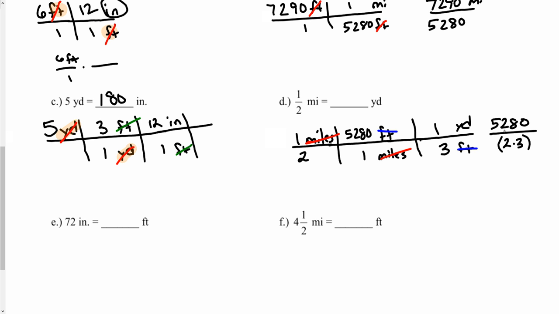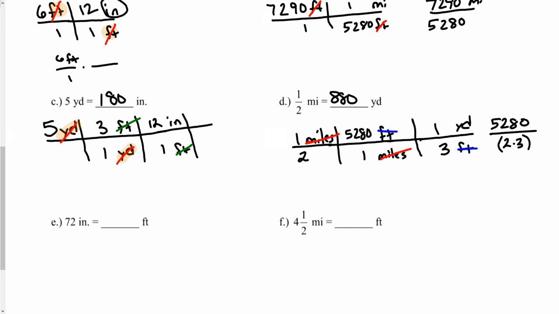Because if you just type in 5,280 divided by 2 times 3, you're going to get the wrong answer. You'll get a number way bigger than you should. But you should get 880 yards. So make sure you do this bottom in parentheses in order to get that 880.